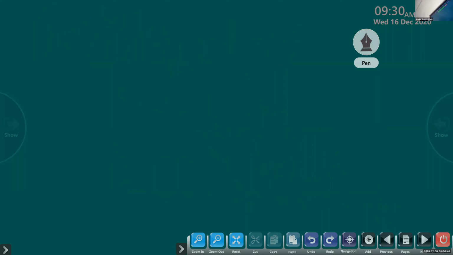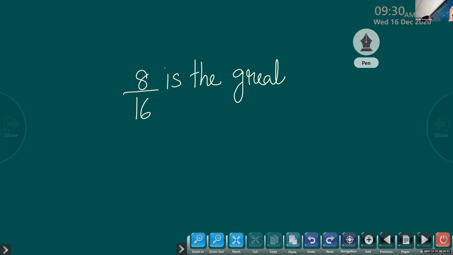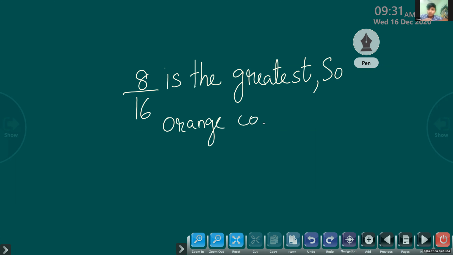Children, write 8 by 16 is the greatest, because we can see the numerator is big. Orange 8. So orange color is used the most.